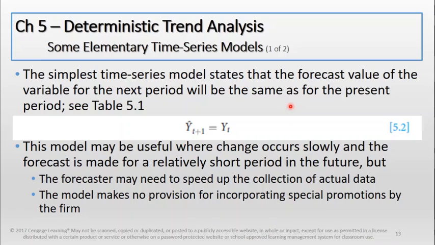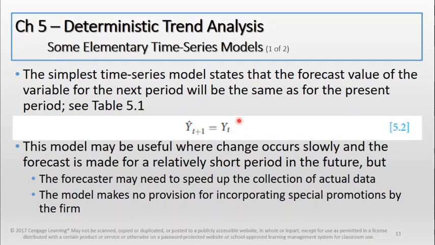So the simplest time series model states that the forecast value of the variable for the next period will be the same as the present value. So you have here your Y-hat at t plus 1 equals your actual value at the current period, Y at t.